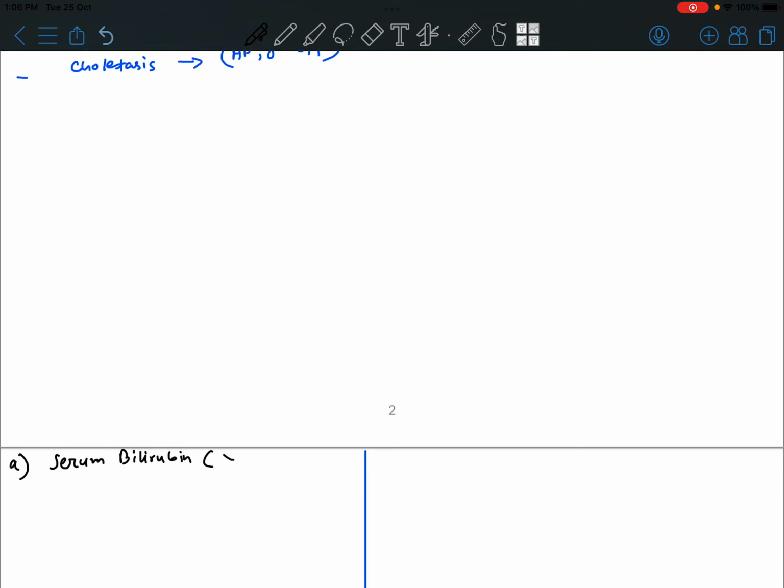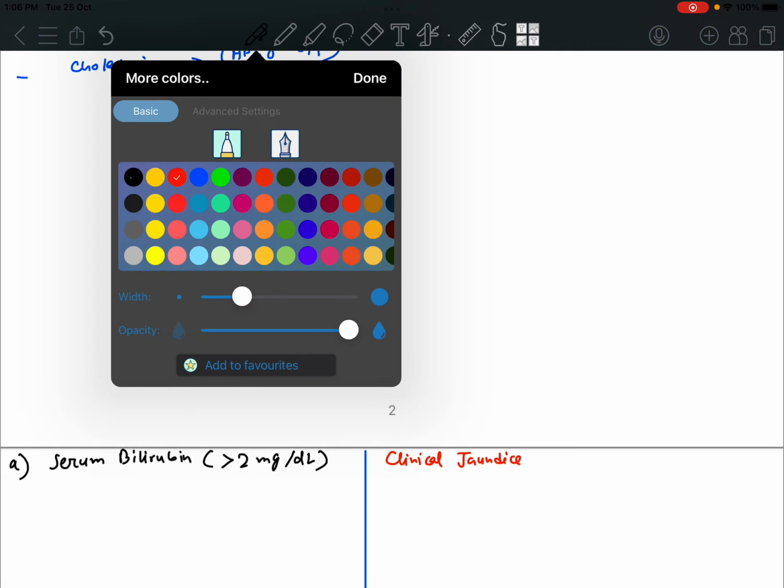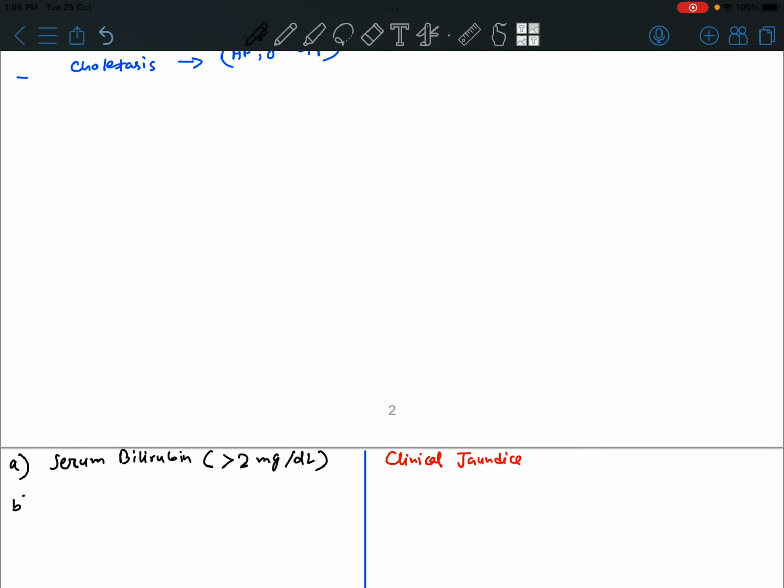If it's greater than 2 milligrams per deciliter, it indicates clinical jaundice. Then the next one, urinary bilirubin.